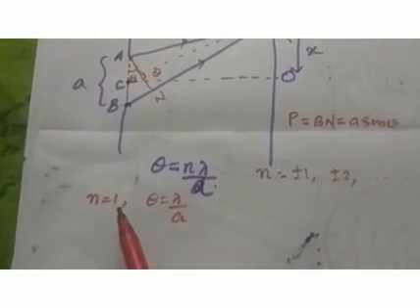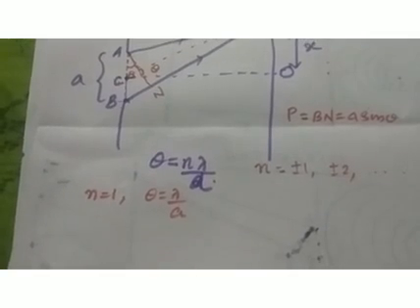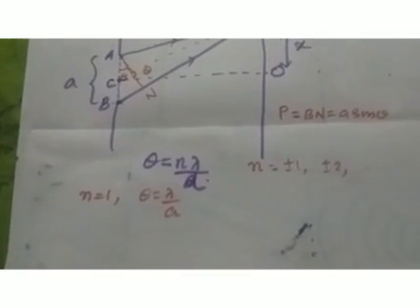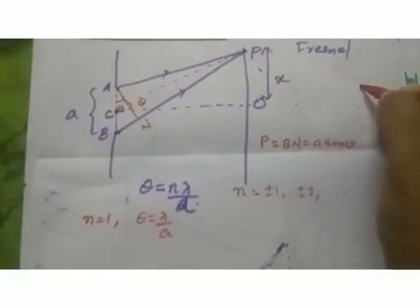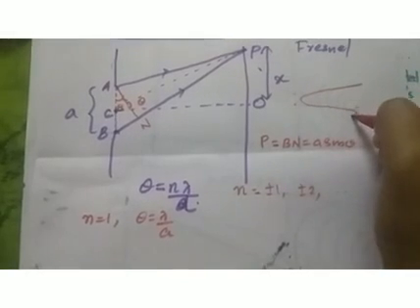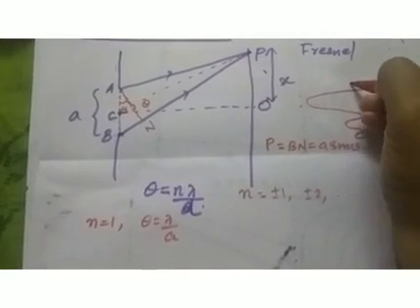Now, if n is equal to 1, theta is equal to lambda by a. n equal to 1 represents the first secondary minima, isn't it? If we consider this as our central maxima, on either side of the central maxima, the intensity pattern or the waves goes on like this.